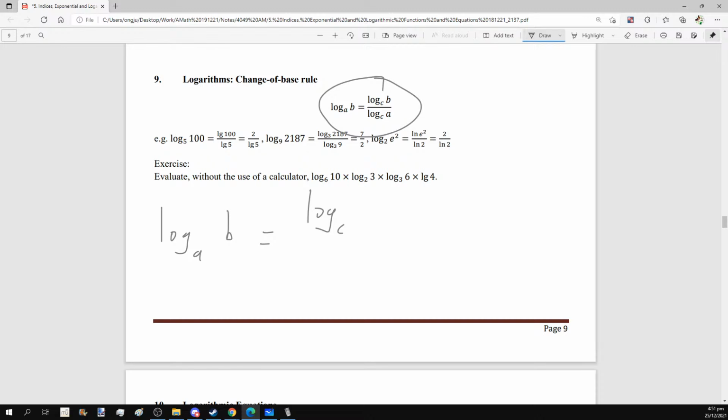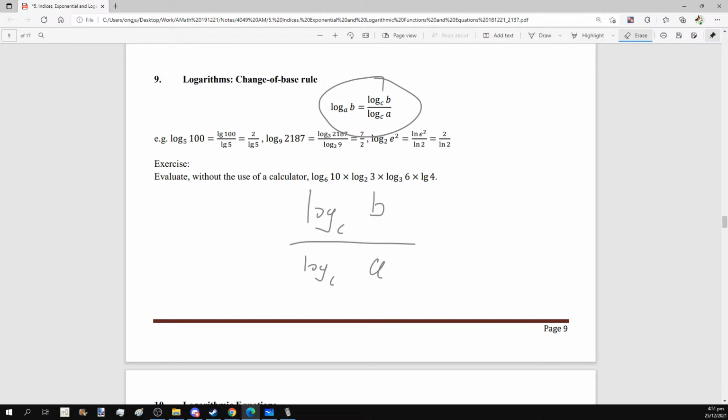Step 2, copy over the original victim. Originally, B was being attacked by log A. So in this case, we will still carry over B, except he will now be attacked by log C. Step 3, put a division. Step 4, copy the same logarithm again. Step 5, use the last letter that you haven't used yet, in this case A.